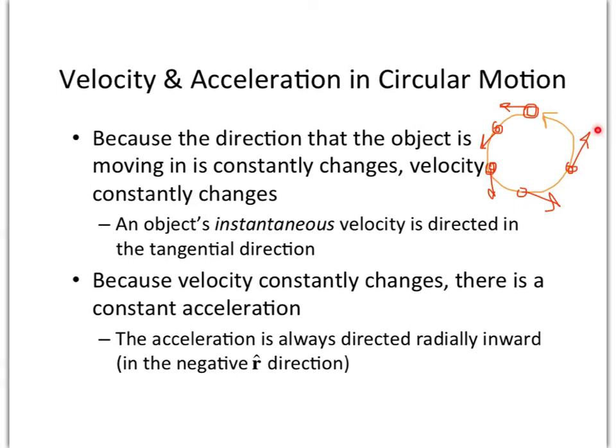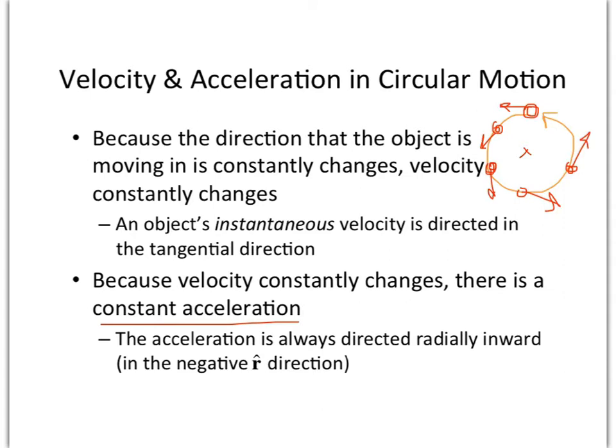But again, this velocity, even though it's the same magnitude as this, it's a different direction. And so that different velocity vector is going to be the result of an acceleration that's directed towards the center of that arc, or towards the center of that circle right there.